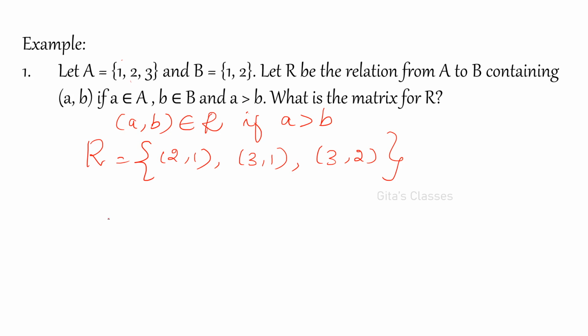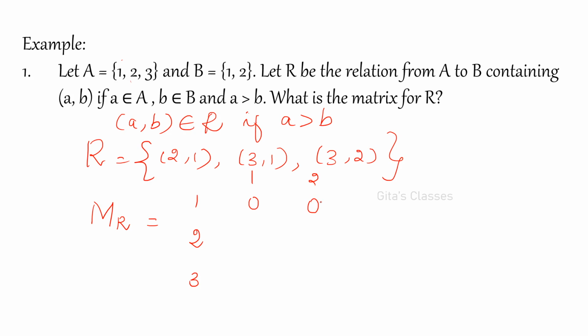This is the relation. Now we have to write the matrix for R. Always, from A to B means A elements you write in the first column, and the elements 1, 2 of B along the top. So is 1 related to 1? No, 1 is not related to 1, so we write 0. Is 1 related to 2?